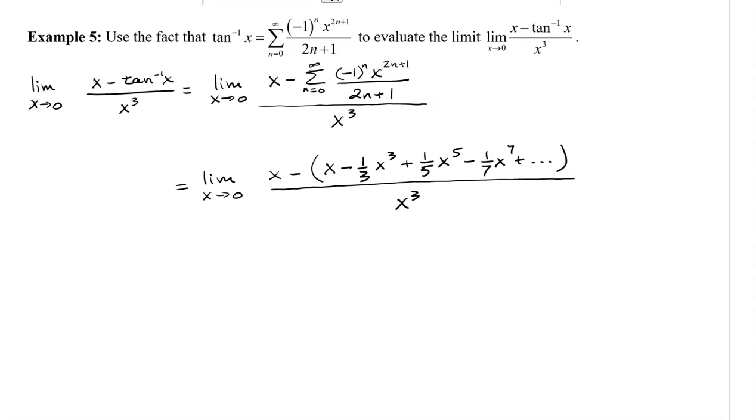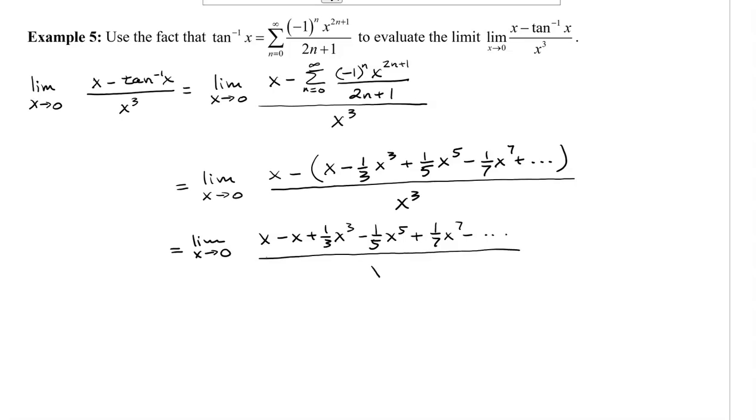Now, if we go ahead and distribute the negative, we get something like this. Our first two terms will cancel.